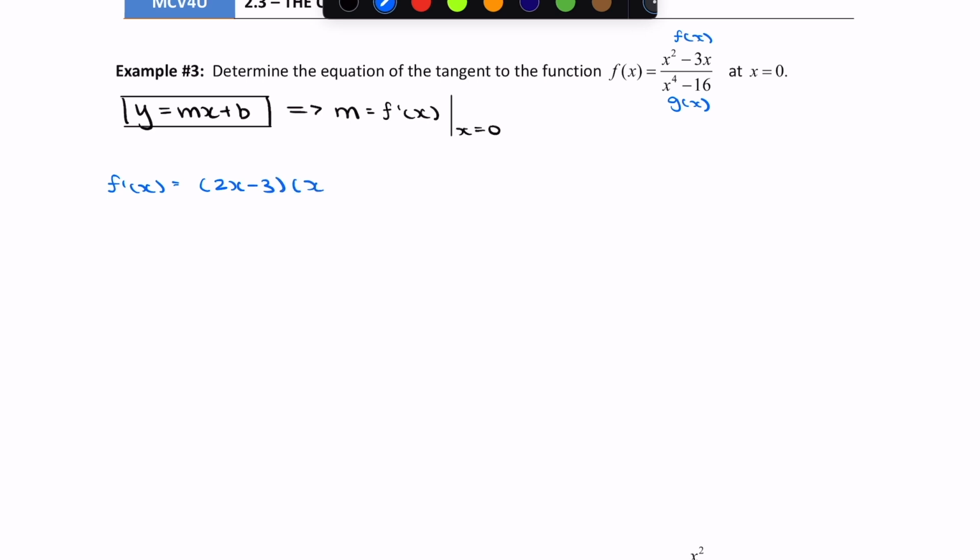And then g of x is x to the power 4 minus 16, minus the derivative of g of x, which would be 4x cubed, times f of x, which is x squared minus 3x.